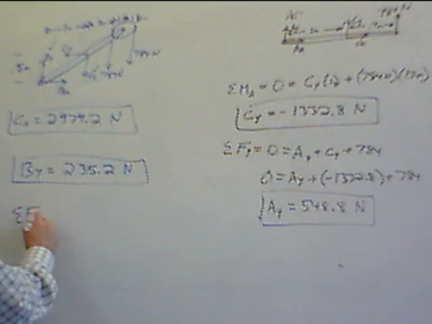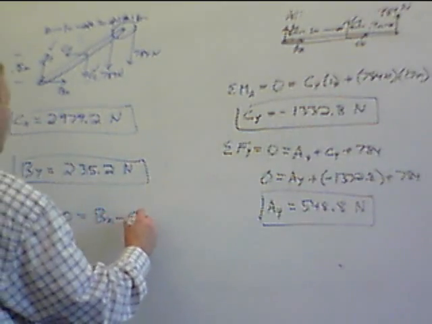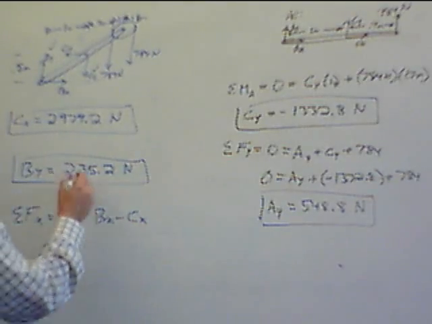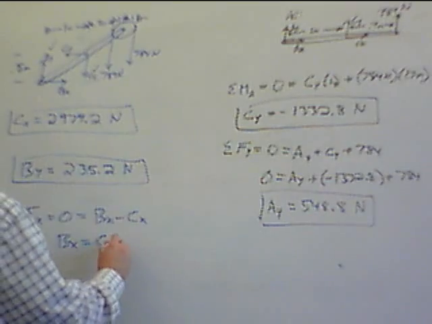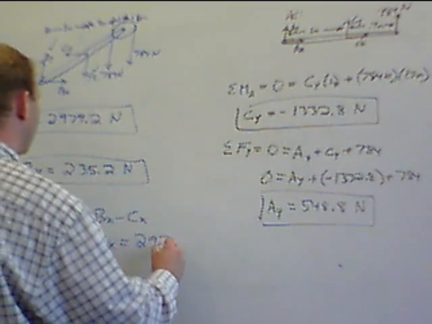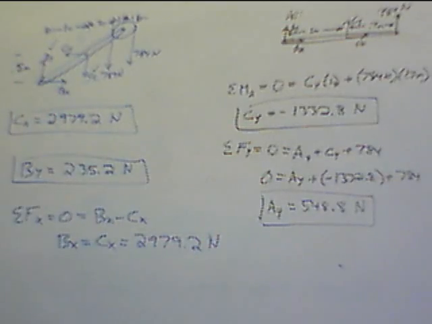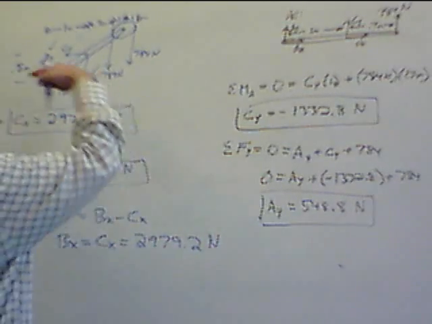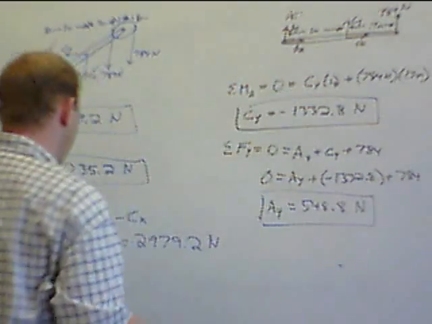Summation of forces in the x equals 0 equals Bx minus Cx. So that means Bx equals Cx equals 2979.2 newtons. Okay, so these are actually pushing in the correct direction. Cx was drawn in the correct direction. It's pushing to the left on this beam and to the right on this one.